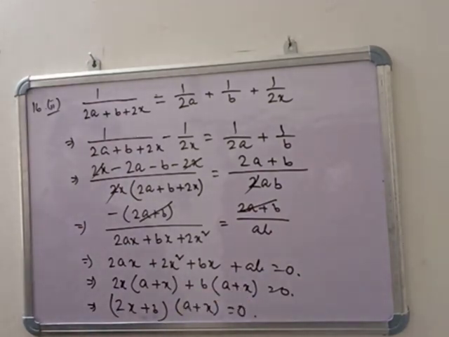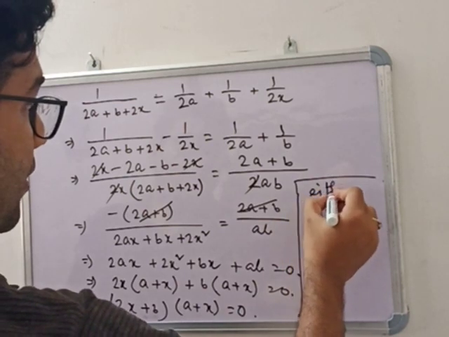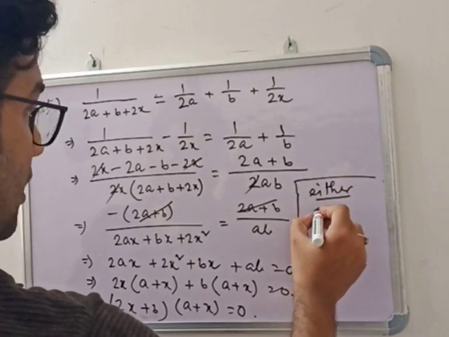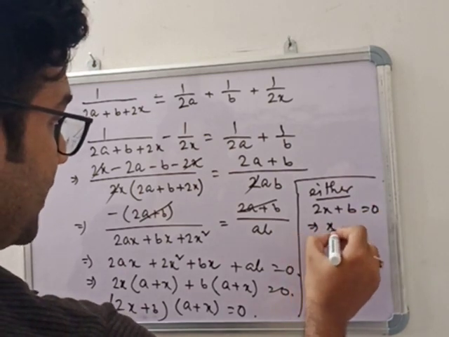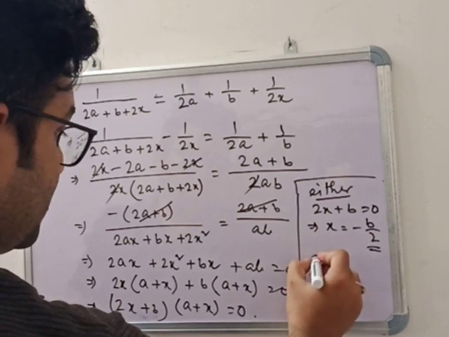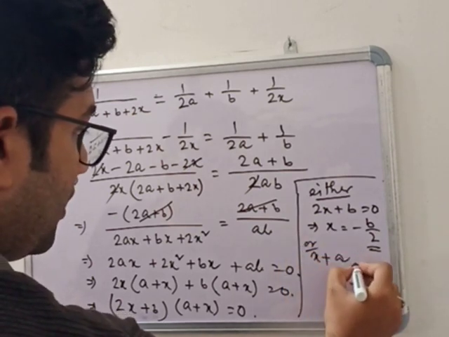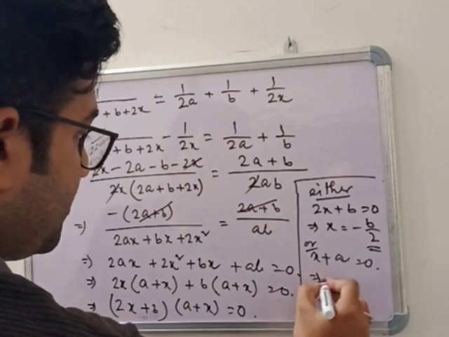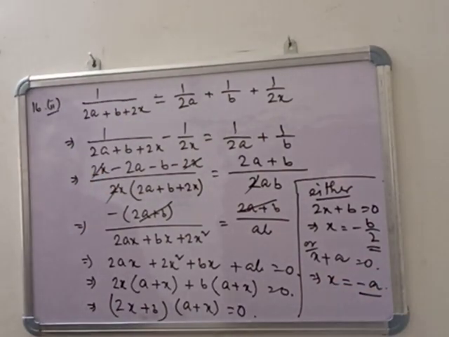So now either or: either 2x plus b equals 0 implies x equals minus b by 2, one answer, and x plus a equals 0 gives x equals minus a. So x equals minus a and minus b by 2 is the answer.